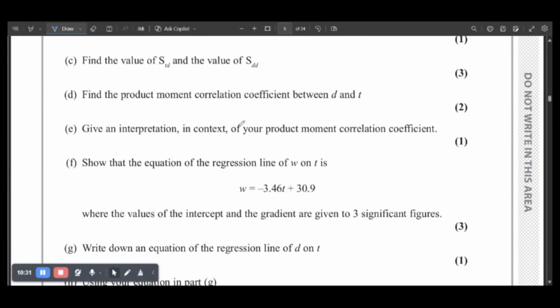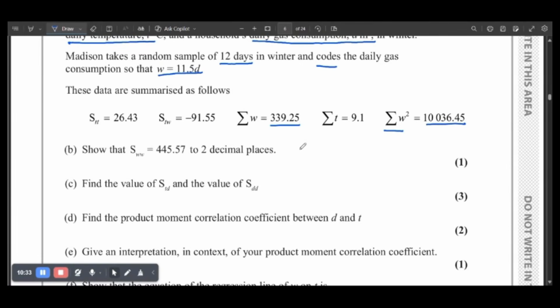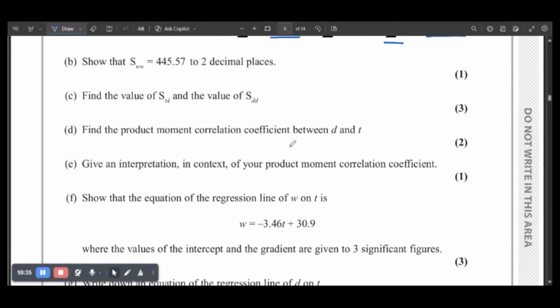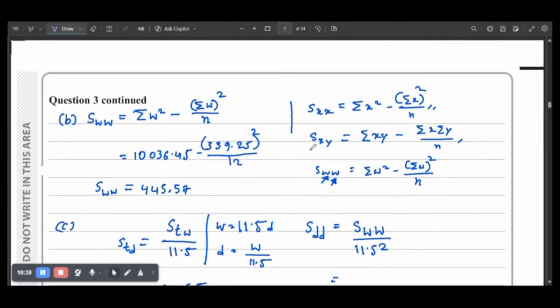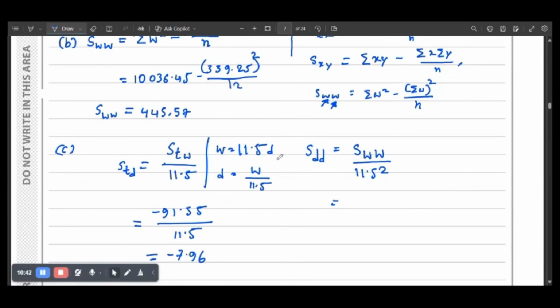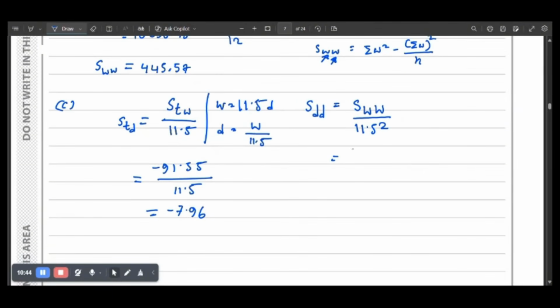We'll use the value from the question. We already know the value of SWW because we have calculated it in part B. The value is 445.57 divided by 11.5 whole square.